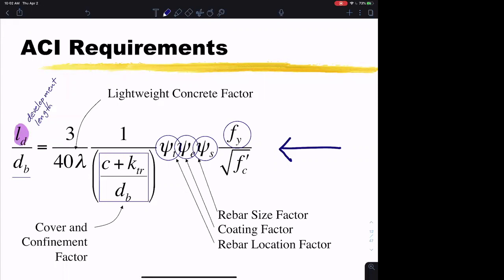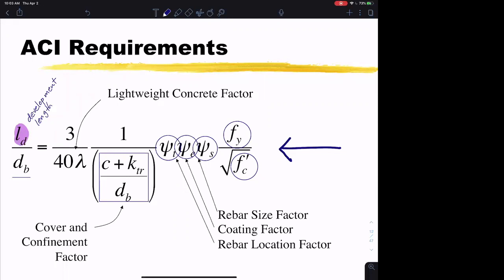And remember, the development length is the length to embed the bar before you break the bar. And of course, the concrete strength plays into this, because the stronger the concrete, the better you can grip it. And so it's in the denominator: stronger grip, shorter development length.